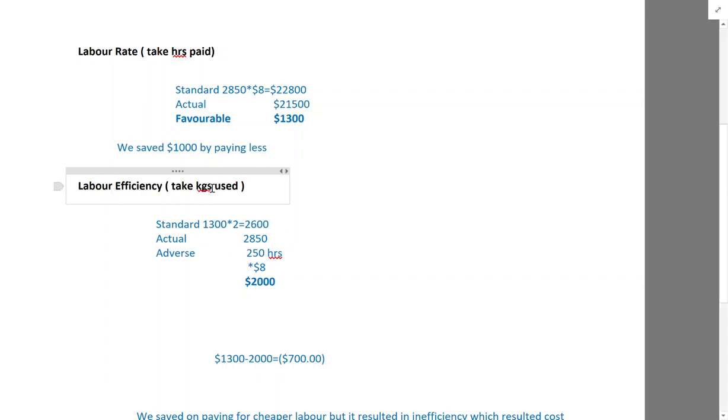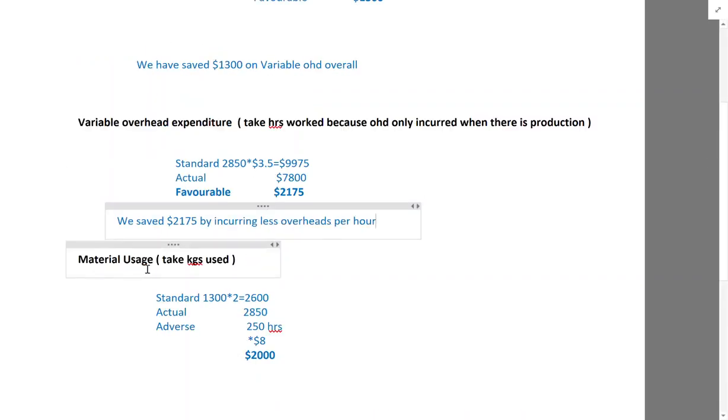Take hours worked. And this is the same thing. Labor efficiency, or we don't call it labor efficiency, we call it variable overhead efficiency. So take hours worked in both cases.